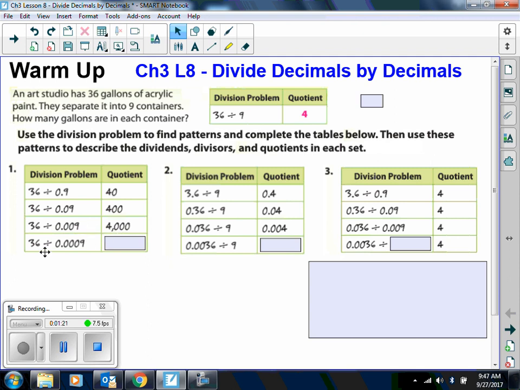So what do you think 36 divided by 9 ten-thousandths will be? 40,000. Good.